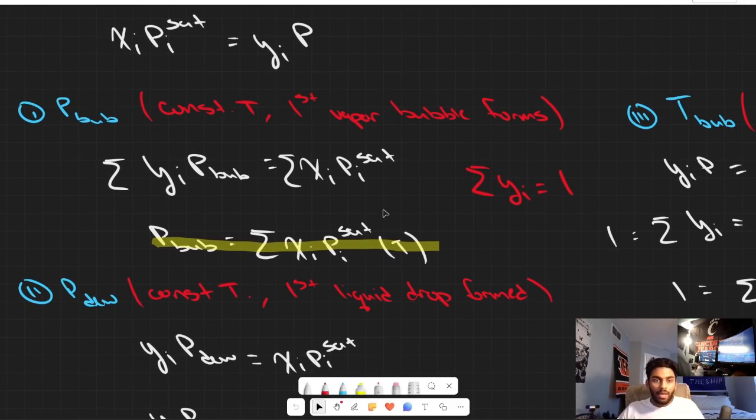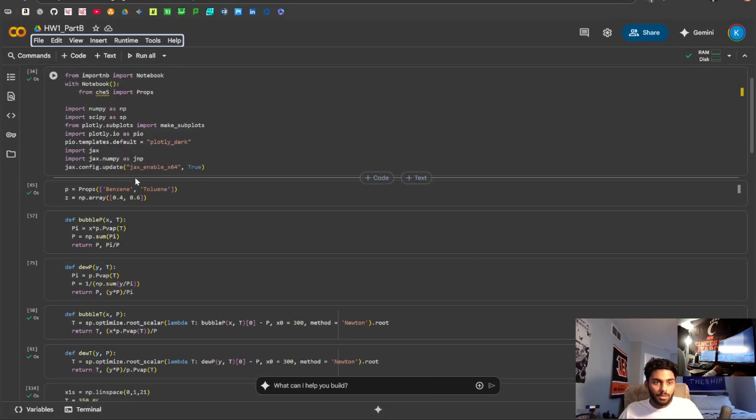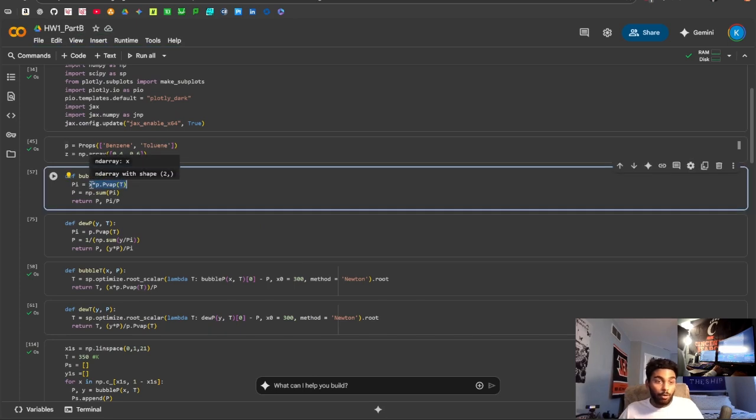And to get our vapor phase mole fractions, that's simply dividing this side over here by our bubble pressure. If you remember in our Python code, right around here, we define Pi as our liquid phase mole fraction times our saturation pressure at the given temperature. That's exactly what we're doing here. This Pi is our xi P sat divided by our P, which is our overall bubble pressure.